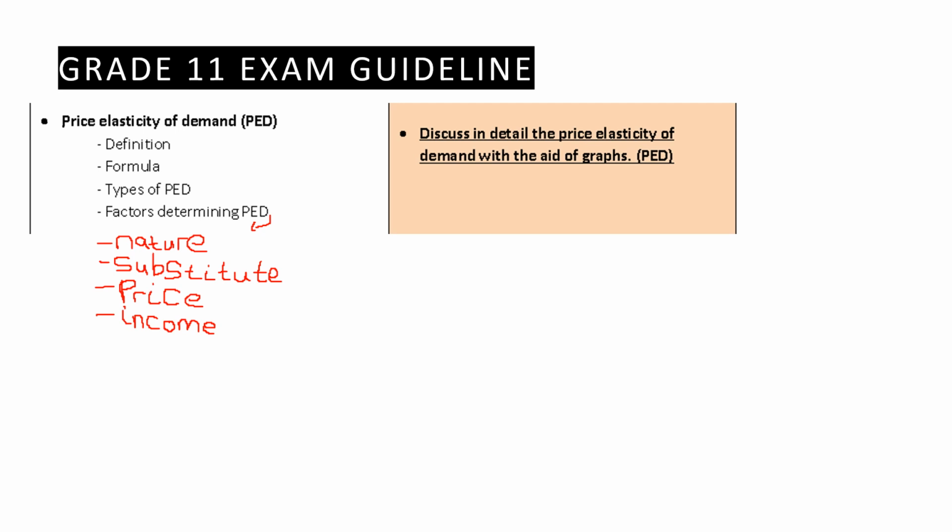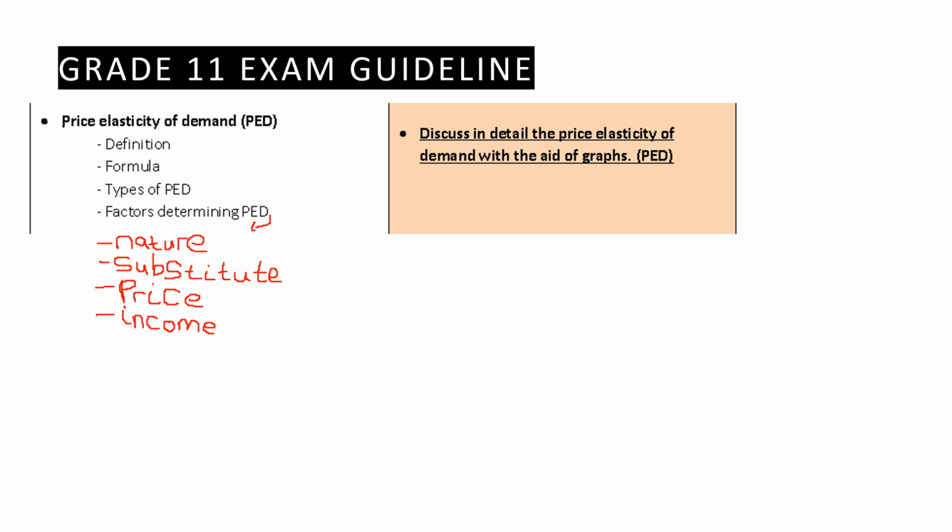So the income level is also going to determine whether people are going to buy superior products or inferior products, and it's one factor that is going to influence the elasticity of a product. It means we are going to have the elasticity of superior products changing. Maybe just because of a slight change in income level, we might have a bigger change in the quantity that is going to be demanded.